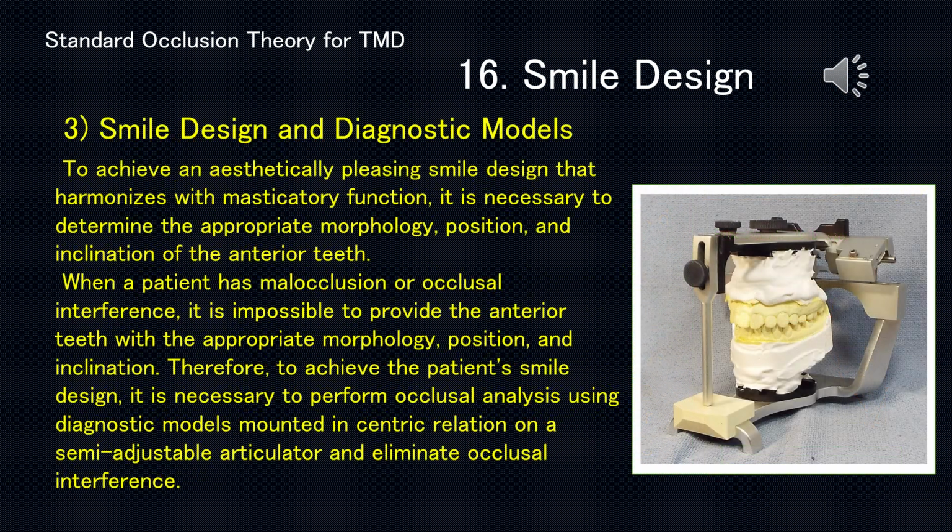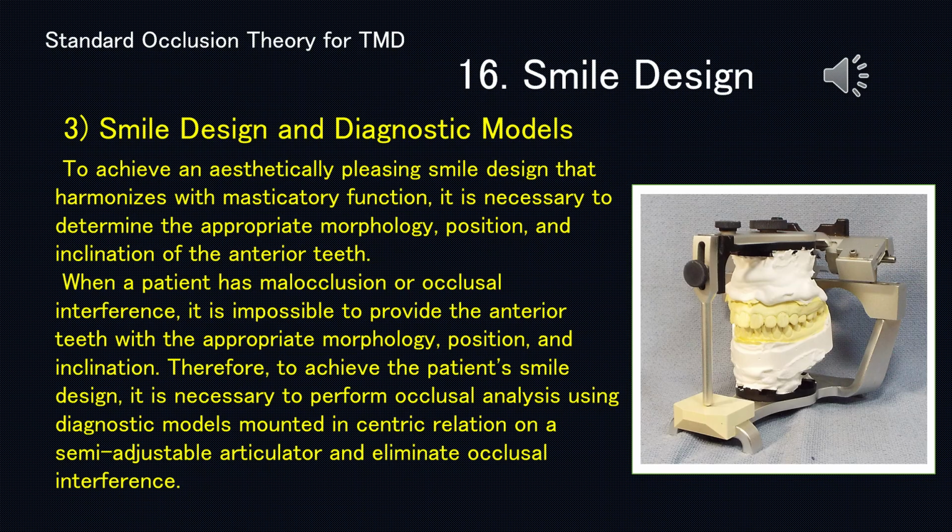3. Smile design and diagnostic models. To achieve an aesthetically pleasing smile design that harmonizes with masticatory function, it is necessary to determine the appropriate morphology, position, and inclination of the anterior teeth.